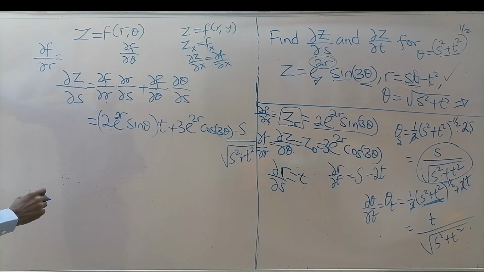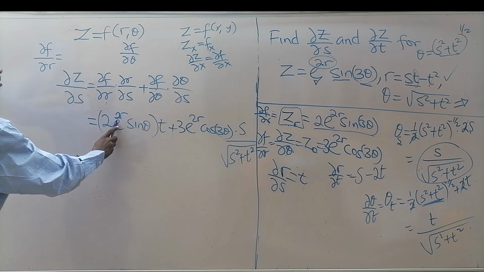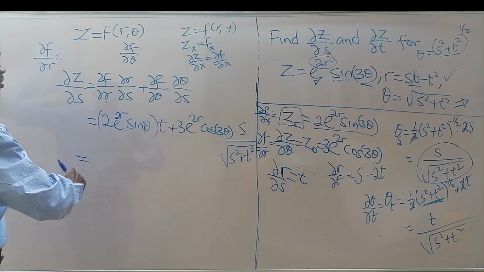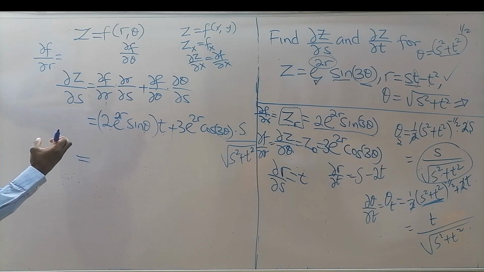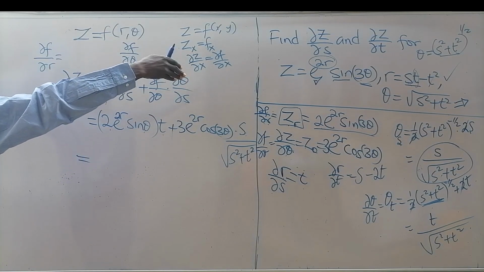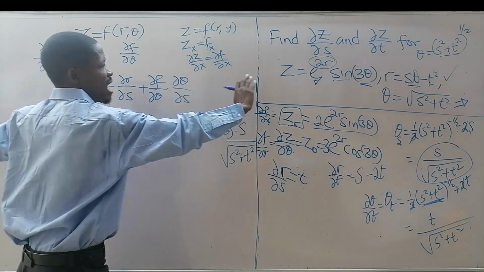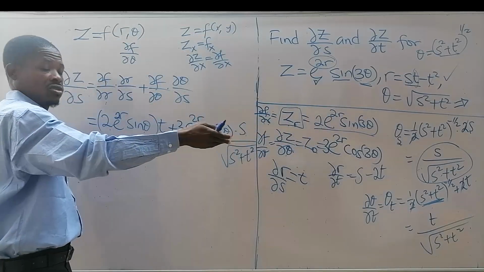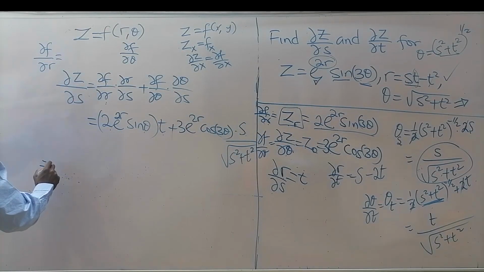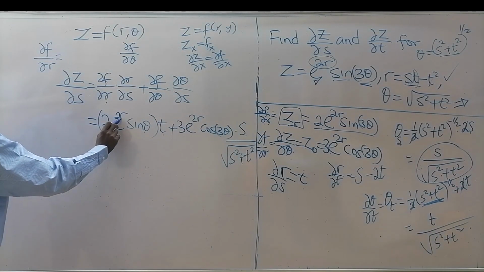Then the next thing to do now is, this variable is having r, theta, and t. We want to ensure that it conforms to the given, to change it to just be r and theta, but it's not a must. You have to begin to substitute your r.